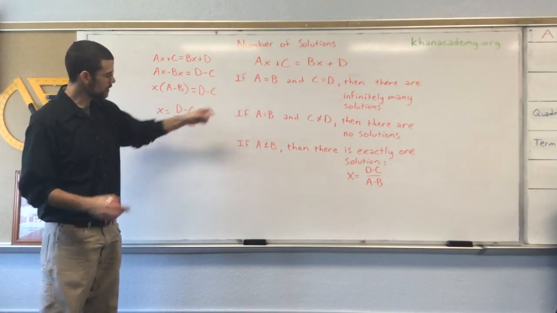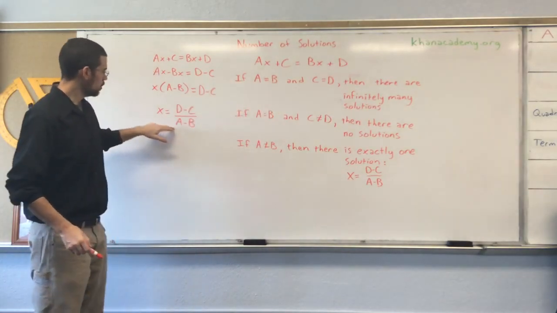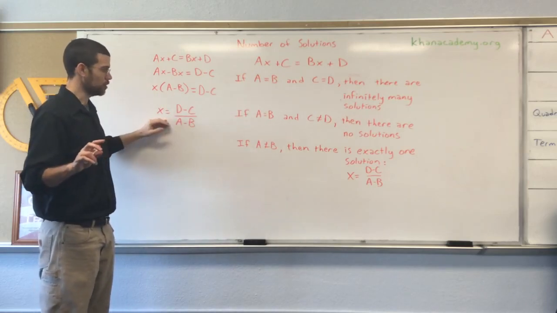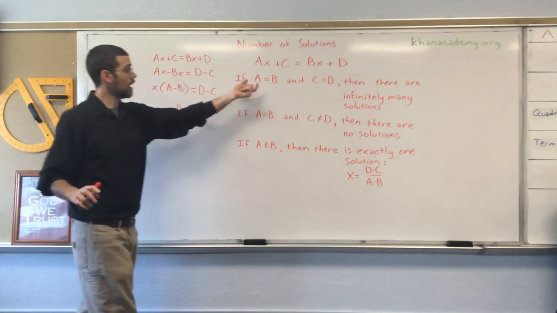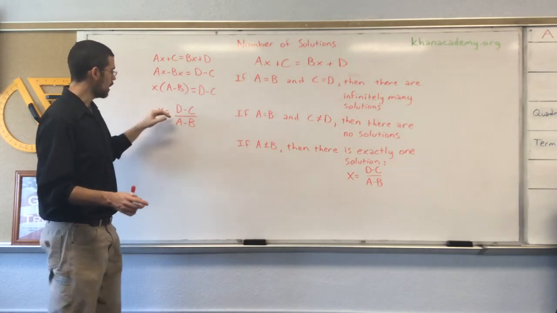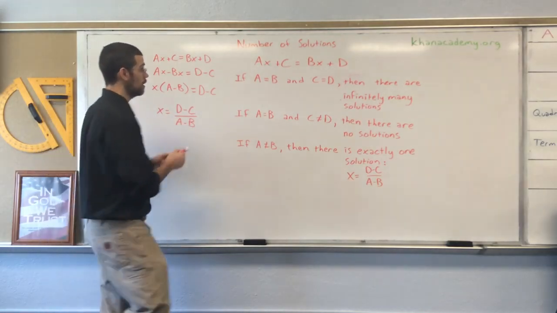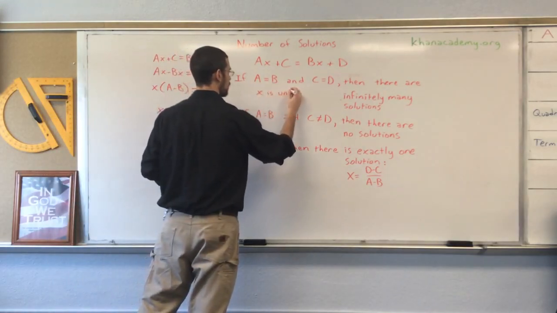Also, if you go back up to these, look at what happens when A equals B. Look at what happens with the supposed one solution you would have. That would make the denominator 0. If A equals B, then A minus B is 0, and you'd have a fraction with a 0 for the denominator. That would mean that x is undefined.